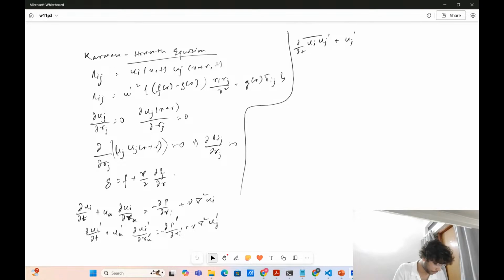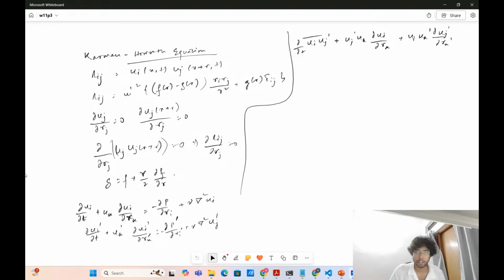Uj prime uk del ui del rk plus ui uk prime del uj prime del rk prime.